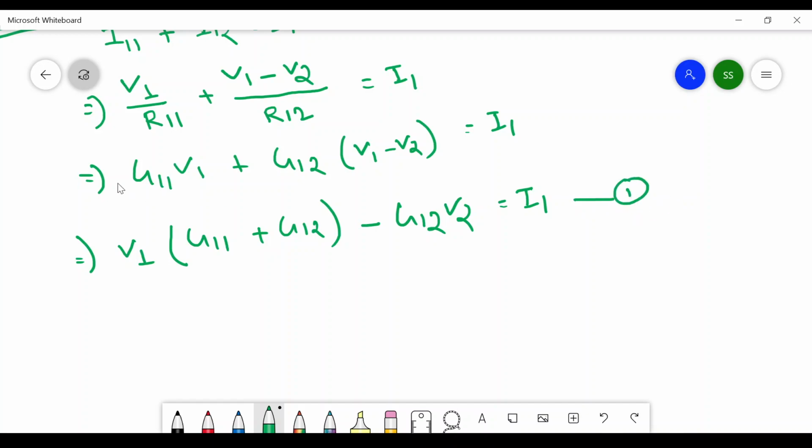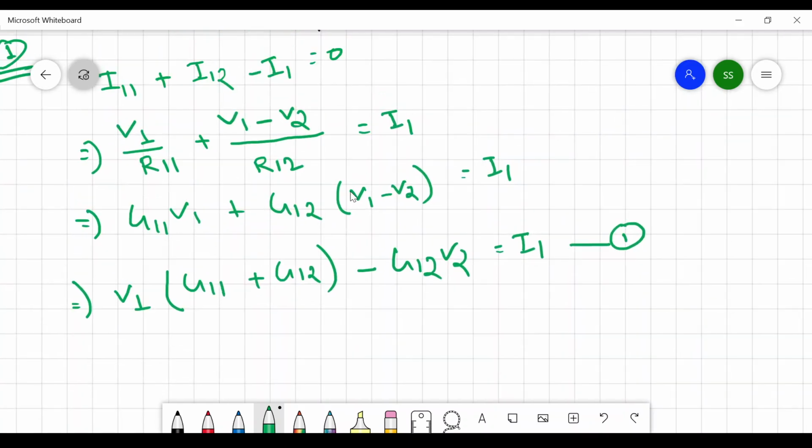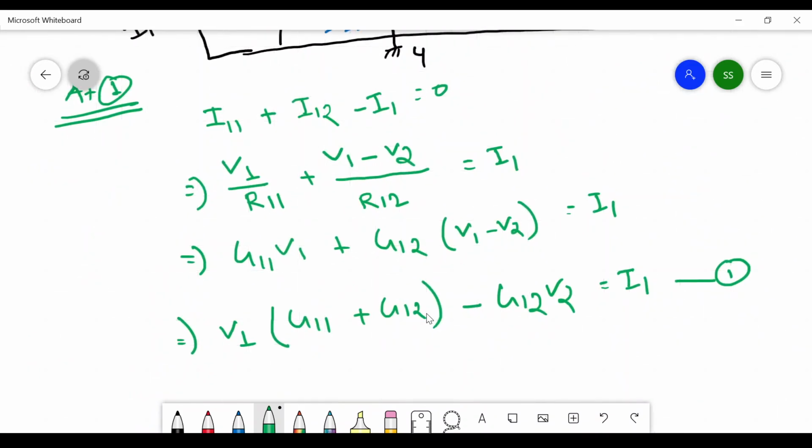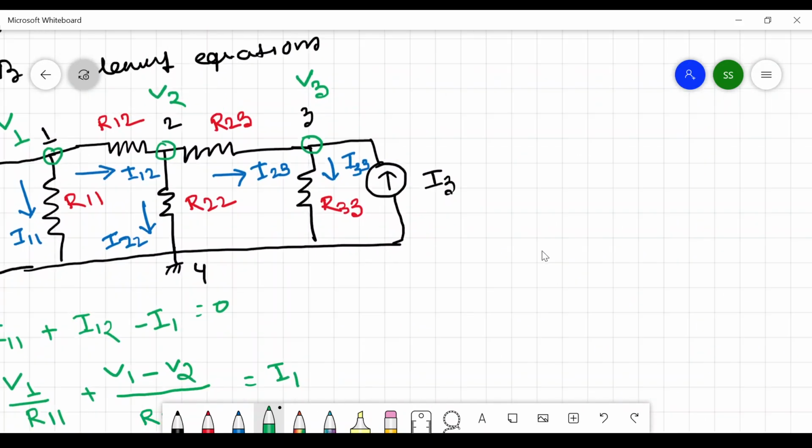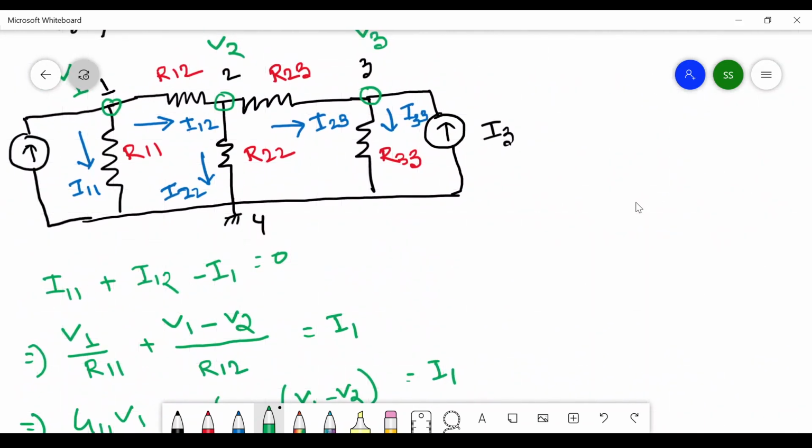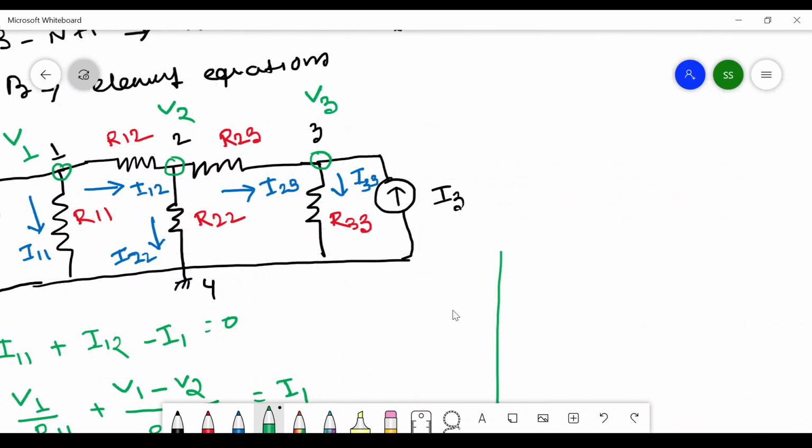Now let's write the equation of node 2. All the currents going out from node 2 will be positive.